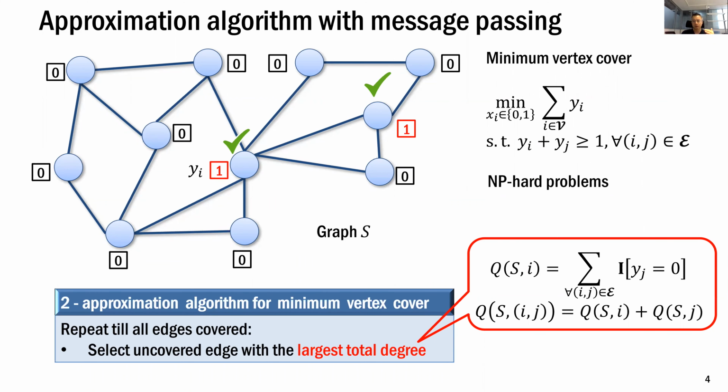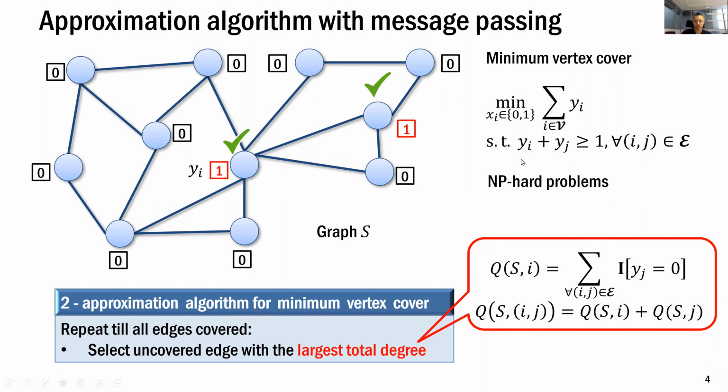It's an iterative algorithm. You take the graph as the input, you measure the degree of each node, and then you sum together the degrees of the two nodes connected to the two ends of the edge.